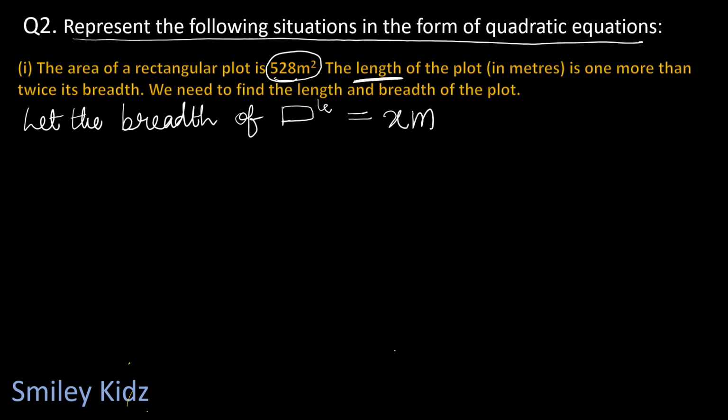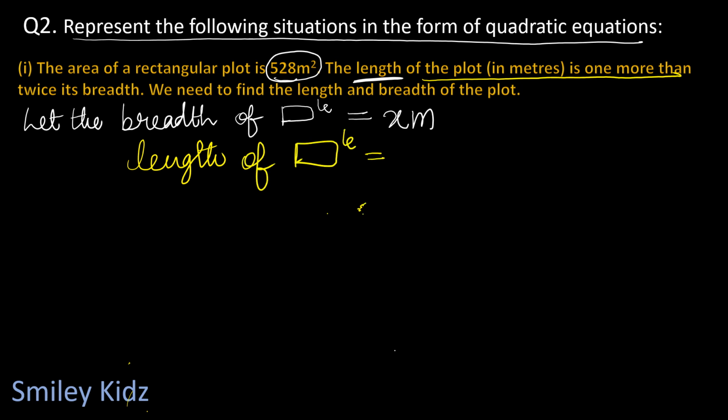The condition is given that the length of the plot is 1 more than twice its breadth. So my length of the rectangle will be equal to what? My length of the rectangle will be 1 more than twice its breadth, isn't it? This is how we write. Or more precisely, this can be written as 2x plus 1.